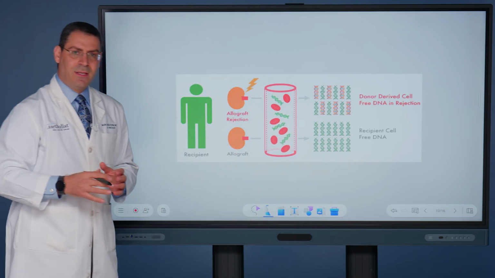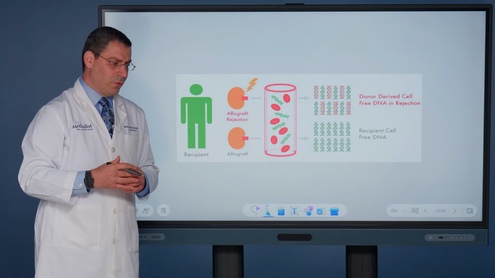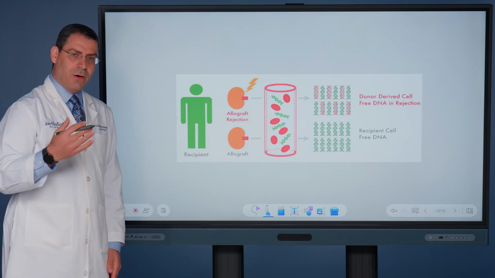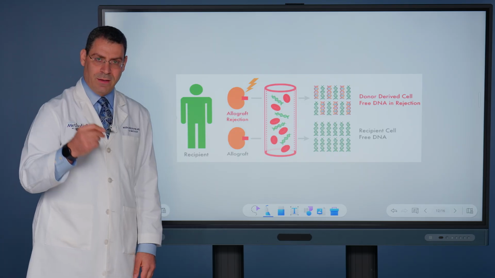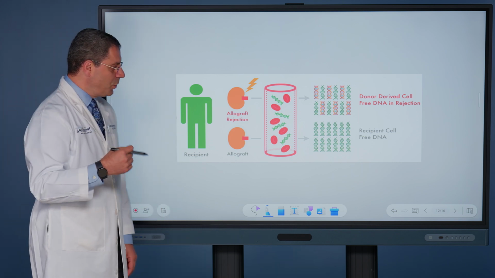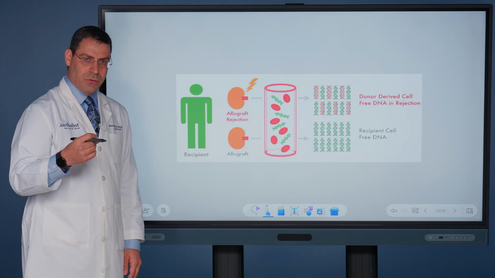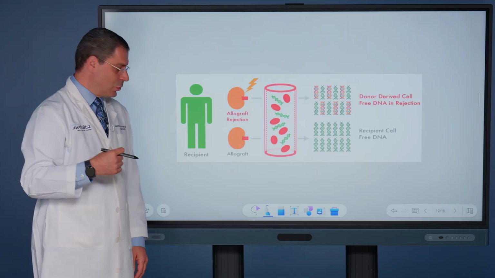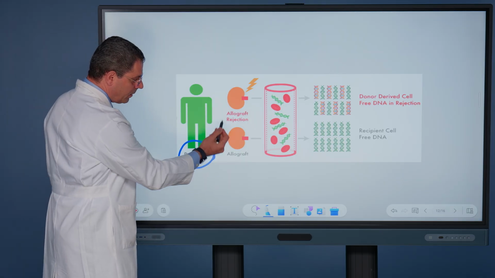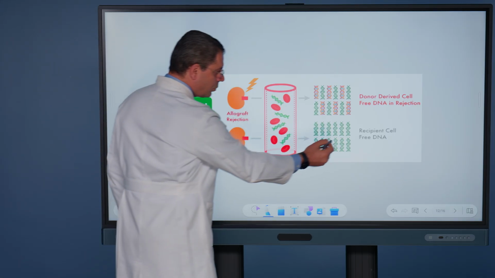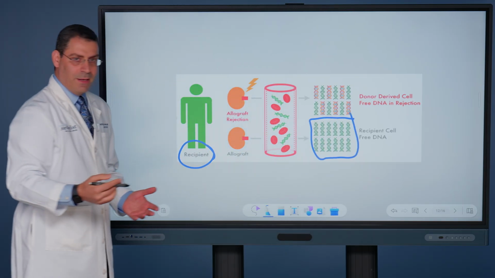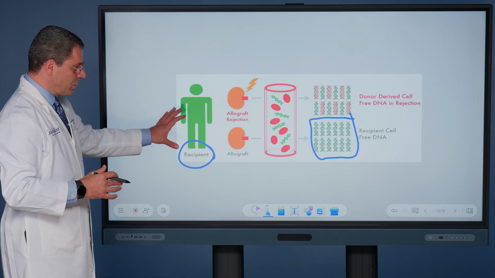So we discussed ctDNA, which is a tool that we use for MRD surveillance detection and response to treatment, but also circulating free DNA is another important biomarker that in the transplant world has been used to detect rejection. So it can be used as an organ rejection tool. Patients who have an organ transplant, be it a kidney or a liver, usually have in the blood their own cell-free DNA, which is from the patient.